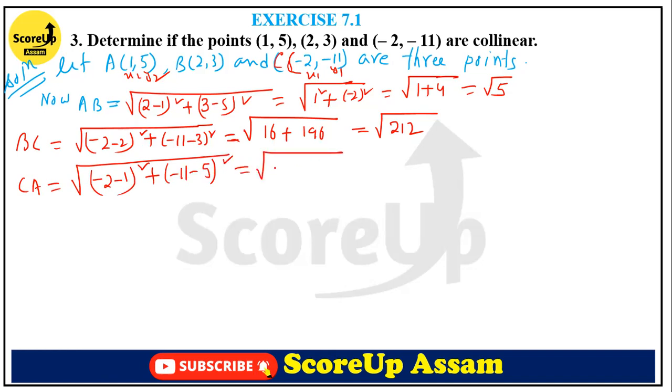So minus 3 whole square is 9, and minus 16 whole square means 256. So it will be ultimately what?